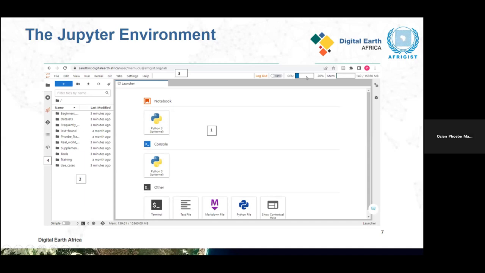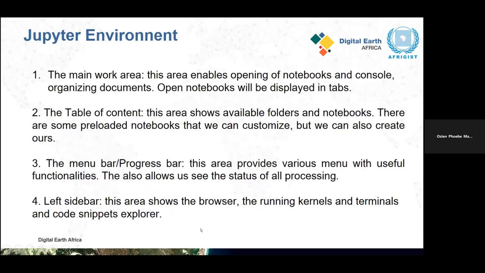You can see your CPU, showing that activity is going on. Usually when it's working, you would see that in red. You have your memory and so on. So all of this just allows you to see how well your notebook is running. And then you also have the left sidebar that shows what you're browsing, shows when you're running a kernel, and allows you to terminate, and the code snippet explorer.